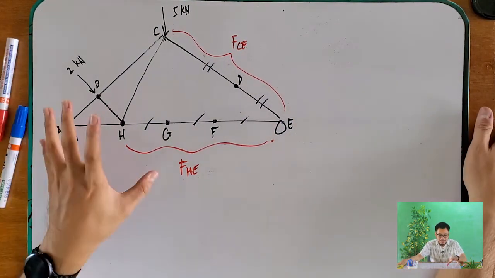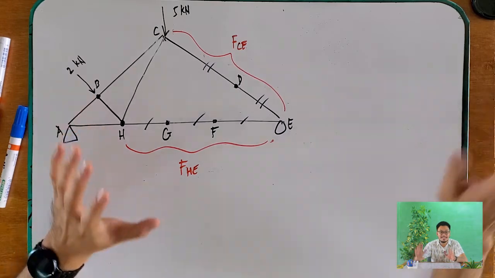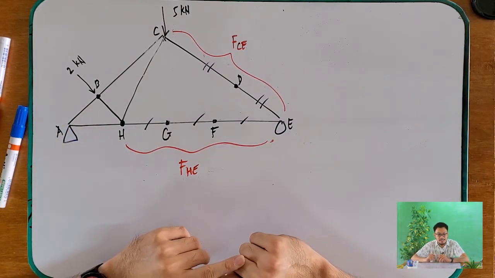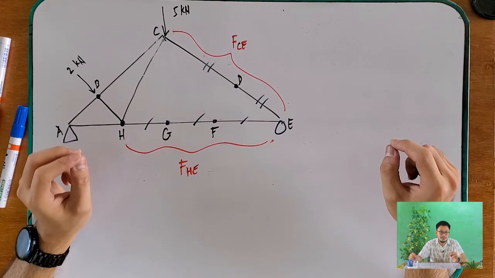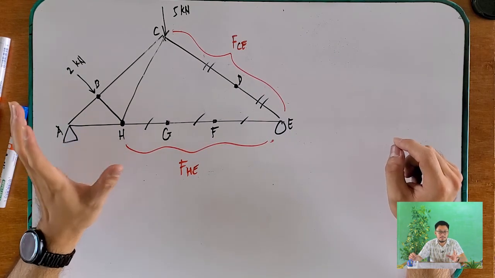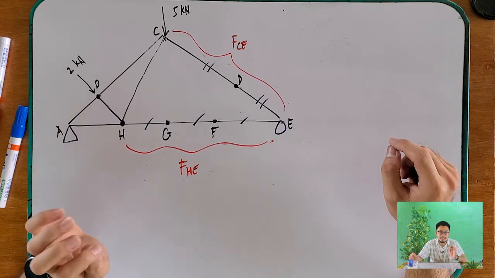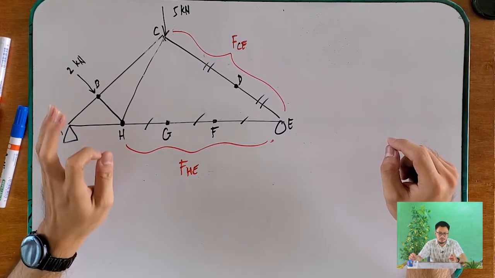Okay, so that is how it is, to make solving easier, identify the zero force members first. Because if you can't identify the zero force members, then when you solve it, you will probably make mistakes. Okay, so that is very, very important.